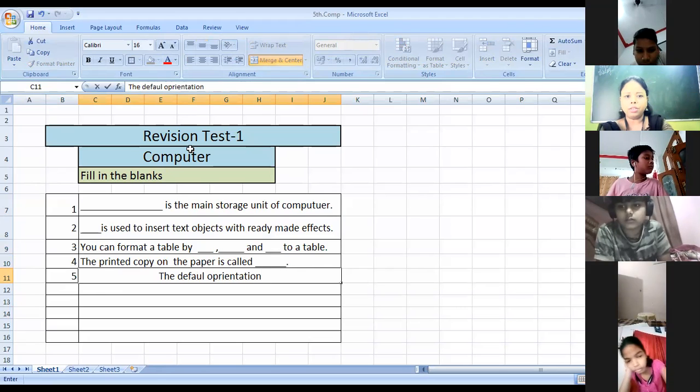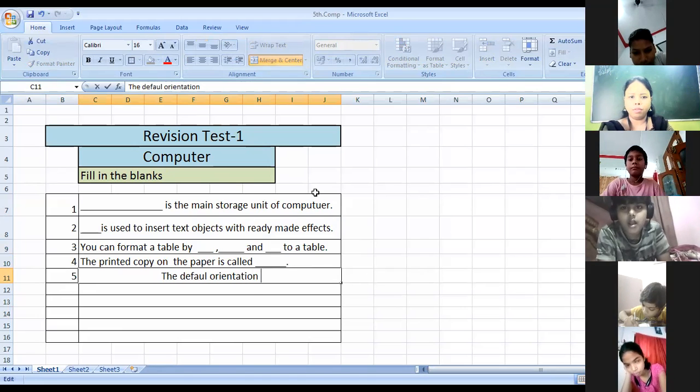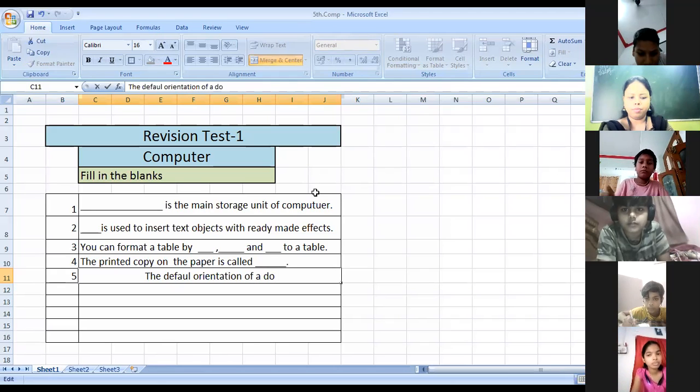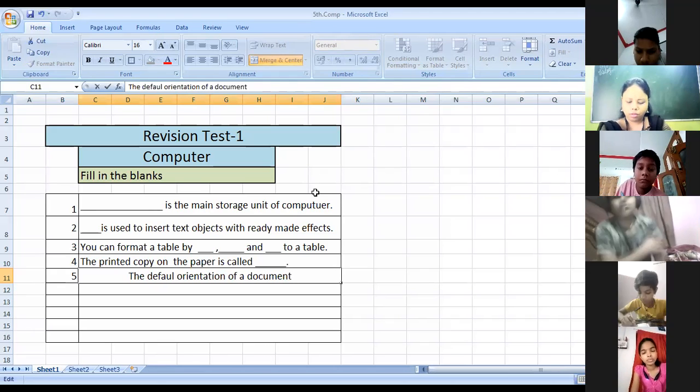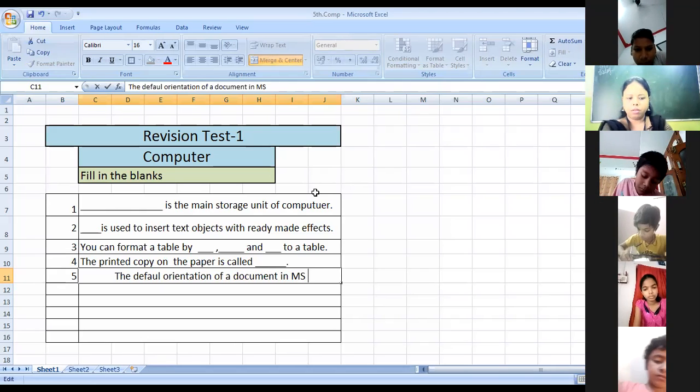Part oriented. Mute yourself. Part oriented. Dash.